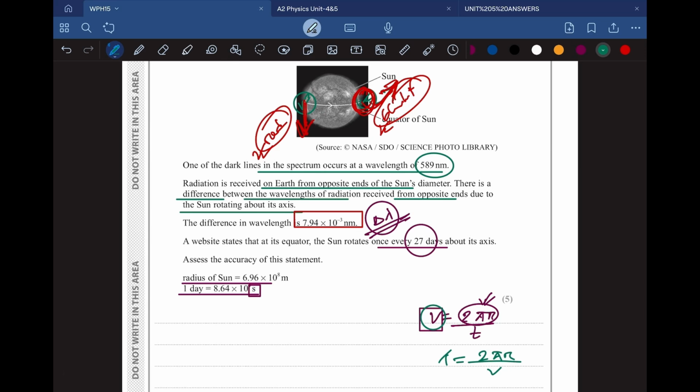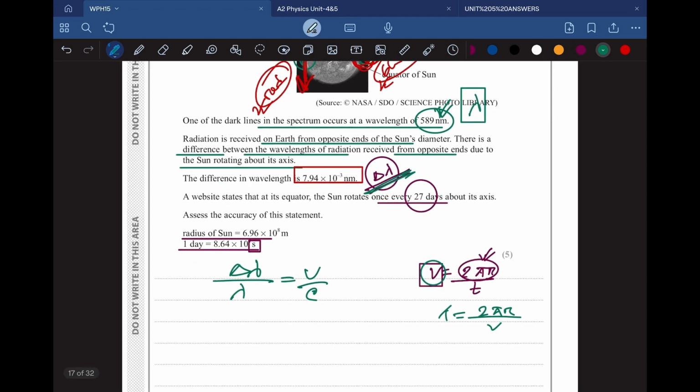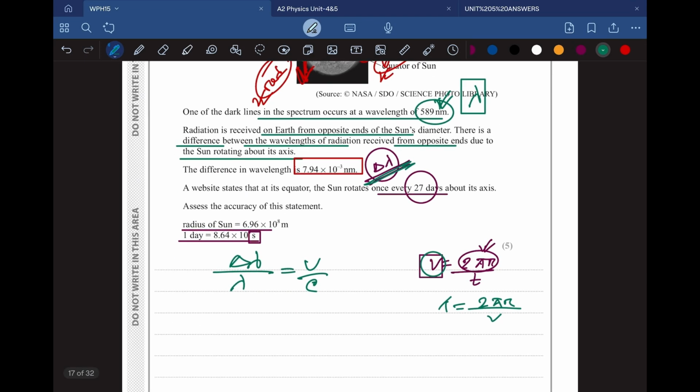And we know the easiest way to calculate v is del lambda by lambda is equal to v by c. Now we have got this lambda value, and they have given us this del lambda. So we can write the lambda value first, which is 589 nanometer, and the v needs to be figured out, and c is 3 into 10 to the power 8. We will just need to write this del lambda right now.